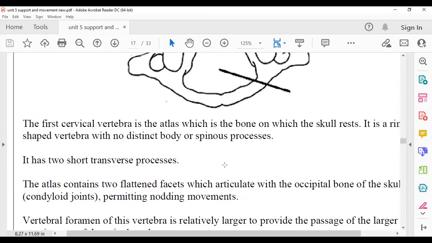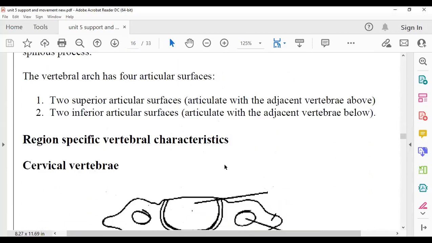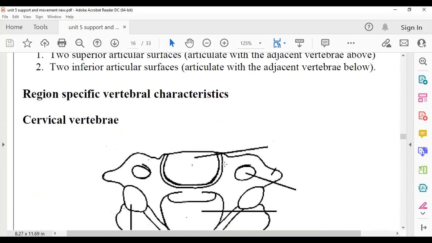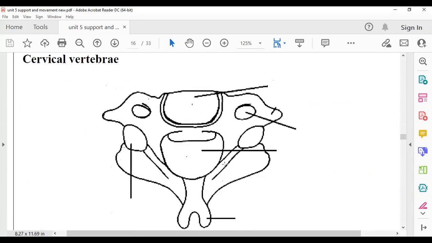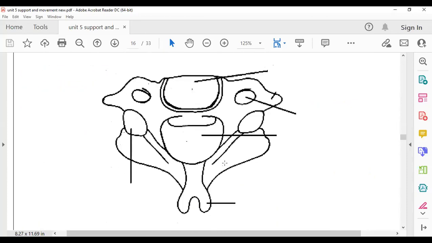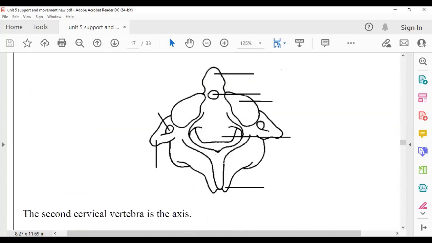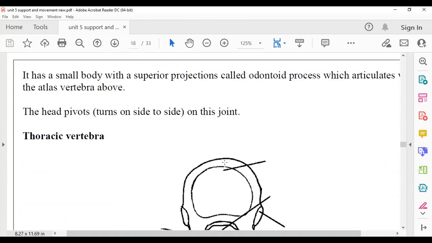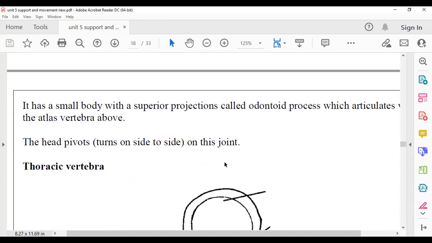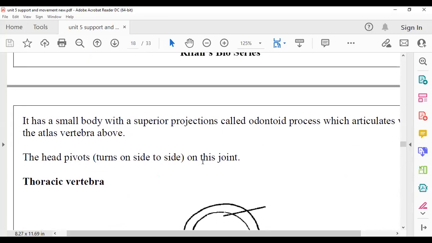So please go through the content regarding cervical vertebrae, atlas vertebra, axis vertebra. If there are any words you want to clarify, ask me. I have not really gone through this and explained it using pictures and the video.